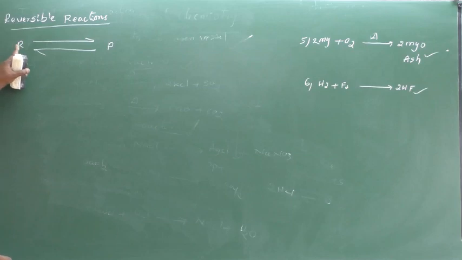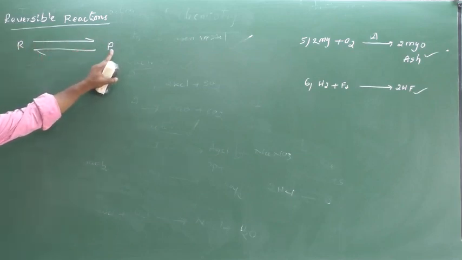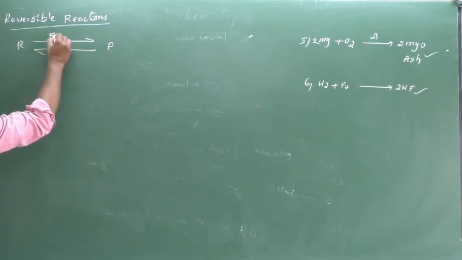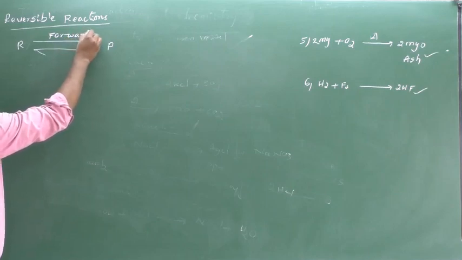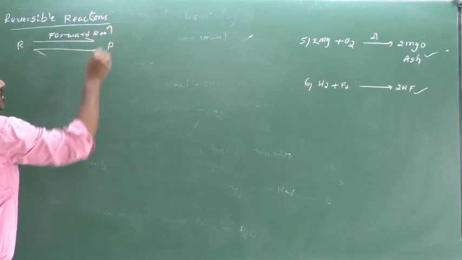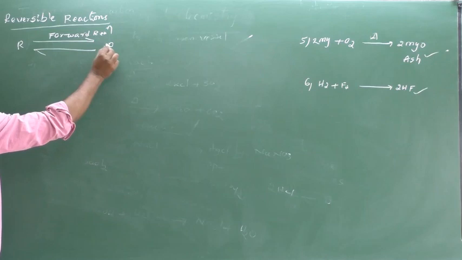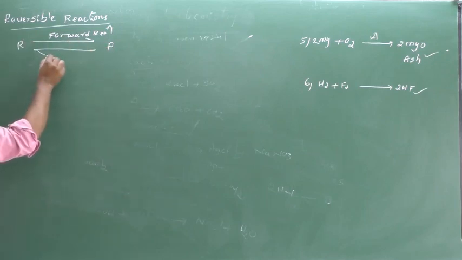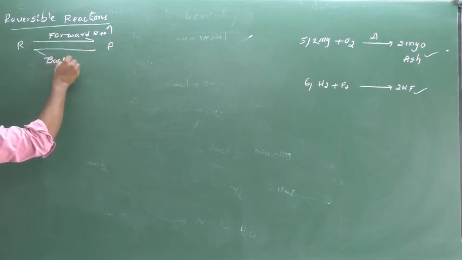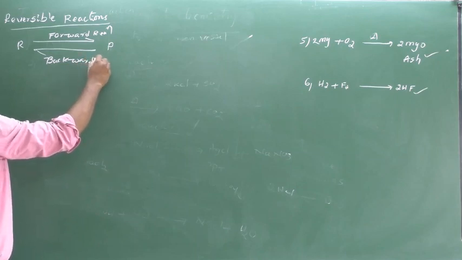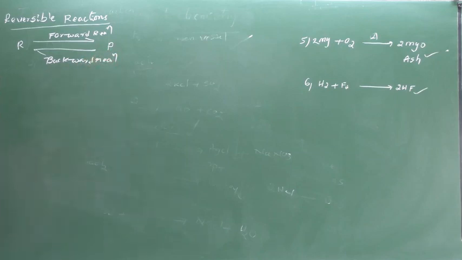The reaction that takes place from reactants to products is called the forward reaction. The reaction that takes place from products to reactants is called the backward reaction.